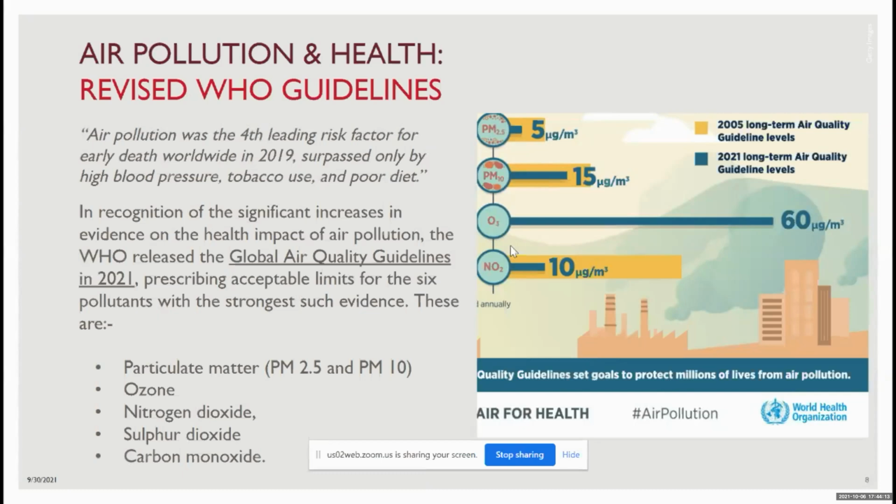And with that information about what pollutant is affecting what area of health, we now see that PM 2.5's permissible limits are much lower, as is PM 10 and these other pollutants. It is estimated that if we can meet these guidelines, we will be able to prevent, I believe, around 80% of the 7 million deaths that happen prematurely each year.